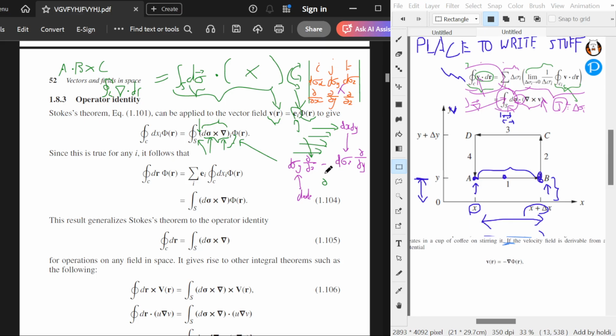Del of what? Del of a scalar function. What does this mean? Are we allowed to do that?